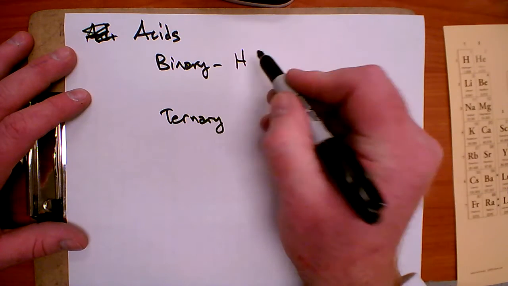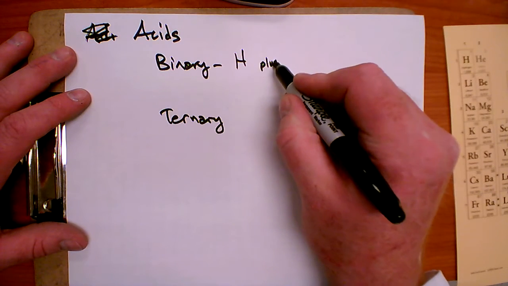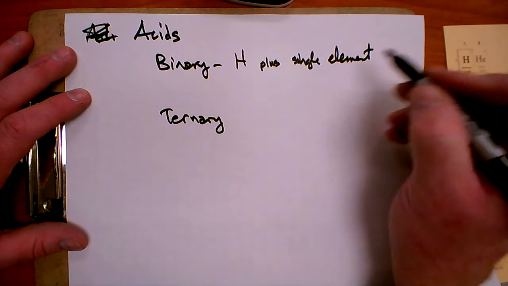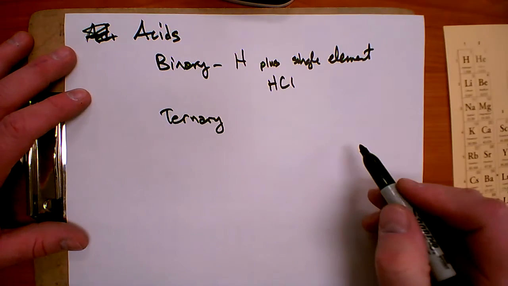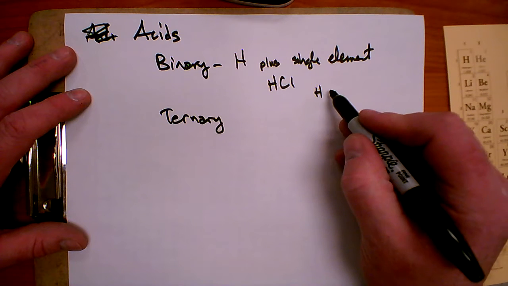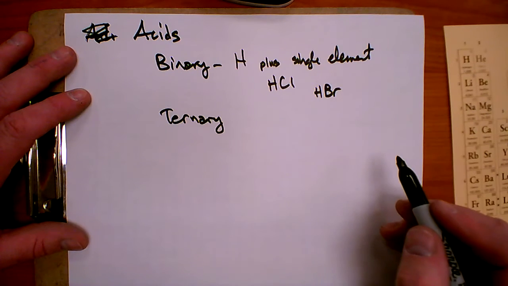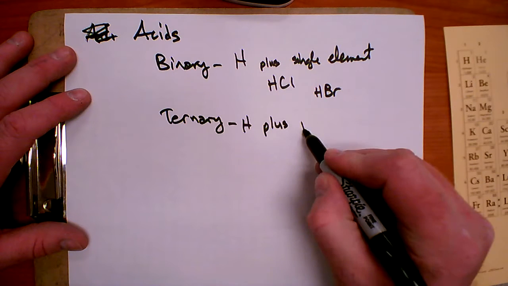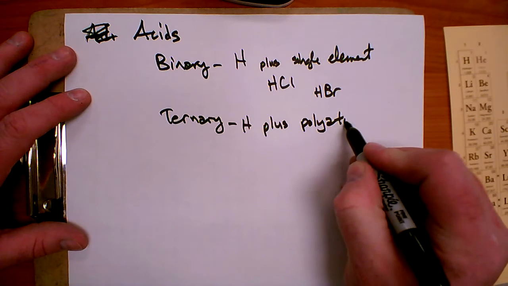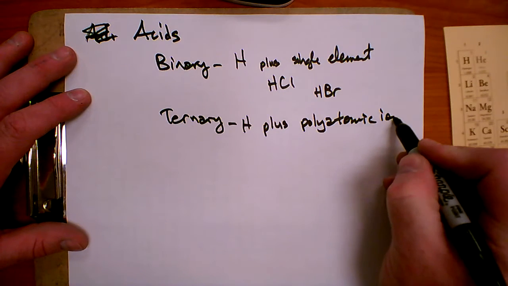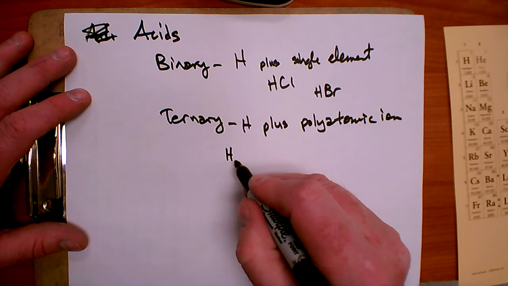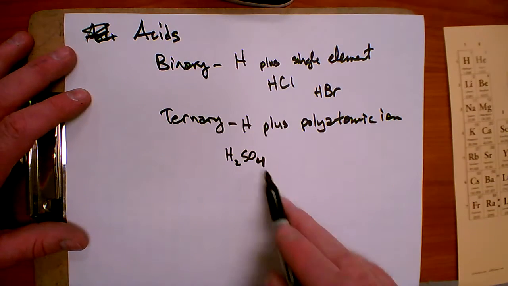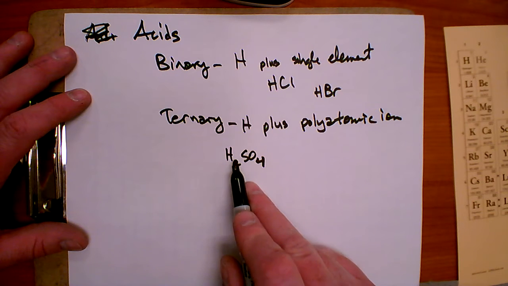Binary is just H plus a single element, such as HCl or HBr. Ternary are H plus polyatomic. So for example, H2SO4 is an example of a ternary because it's got a polyatomic here with the hydrogens.